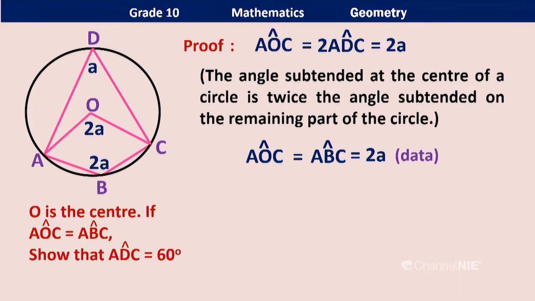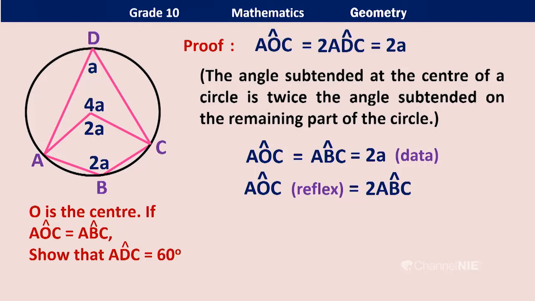Right. Now, we have got two relationships. We see both are equal to 2A. Now, what I am going to do is consider the AOC reflex angle. Right. When I consider the AOC reflex angle, that is equal to twice the ABC angle. We already know that the magnitude of ABC angle is taken as 2A.